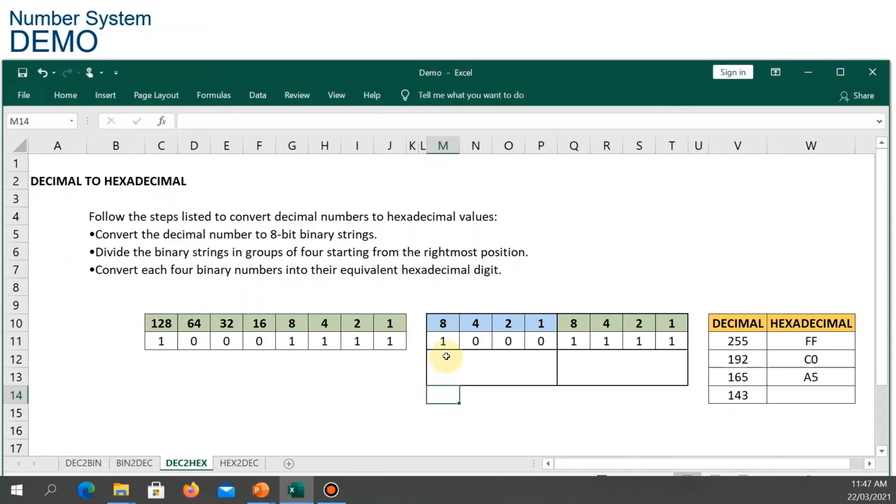The first group would be 1000, and this is equal to 8. And then 1111 is 15 in hexadecimal, that's F. So therefore 143 is equal to 8F in hexadecimal. Again, it's easier, right?